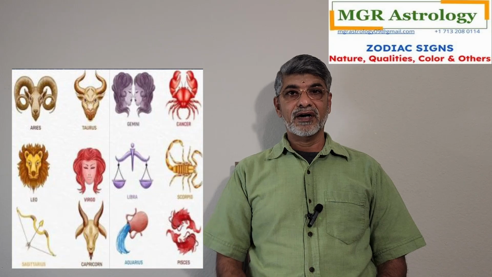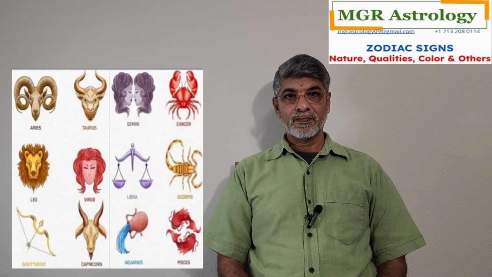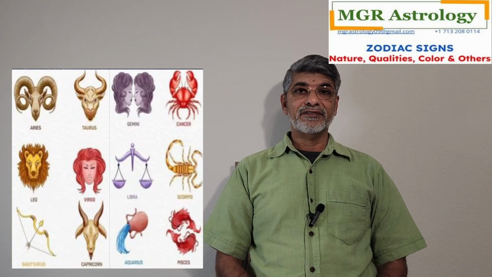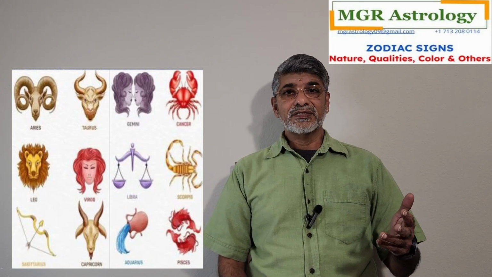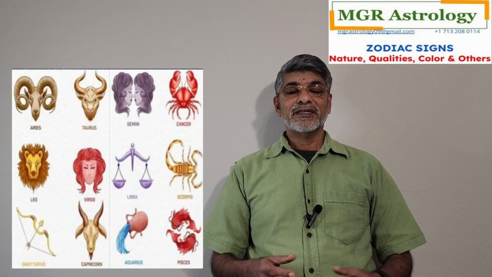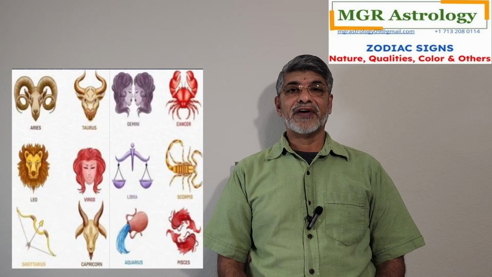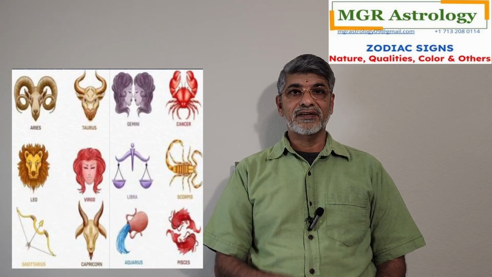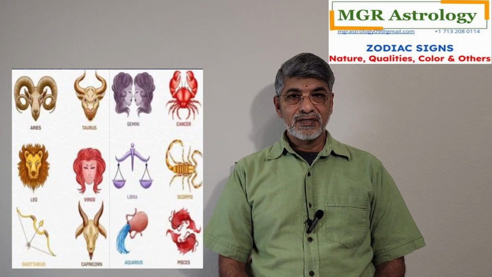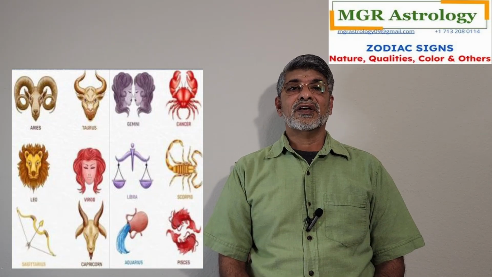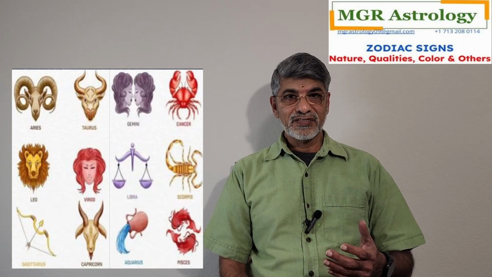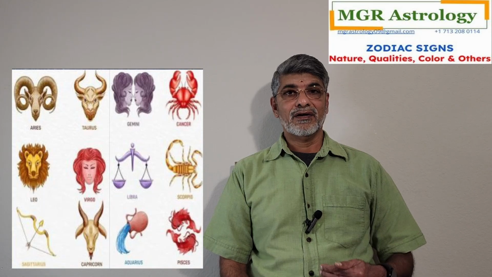Taurus or Rishabha is identified with the ox, and Virgo is identified with the lady, Pisces is identified with the fish. Like that, there is some significant fact to each sign. So we have to understand that. Based on these animals, each Rasi is identified as rising either head first or with the back or leg first.